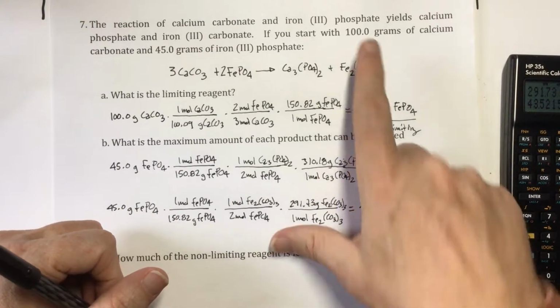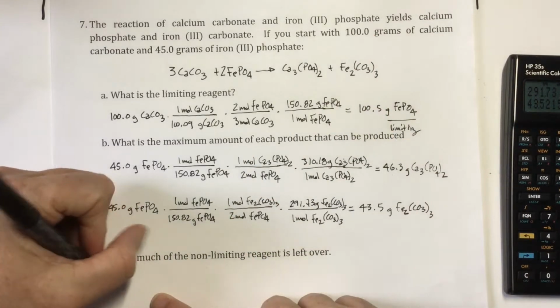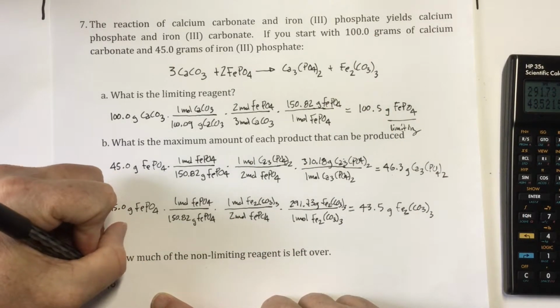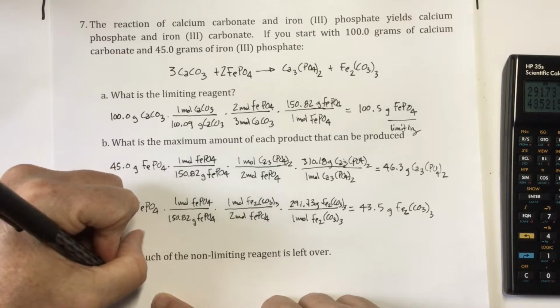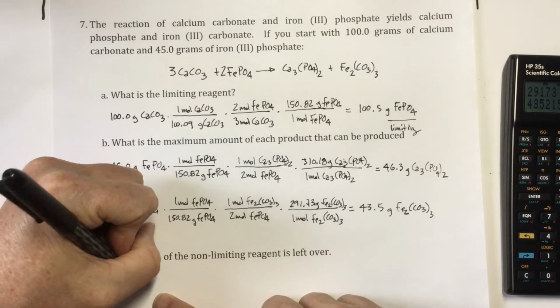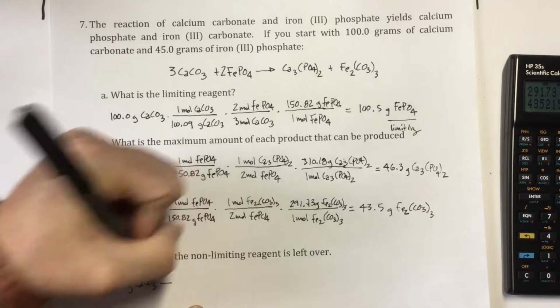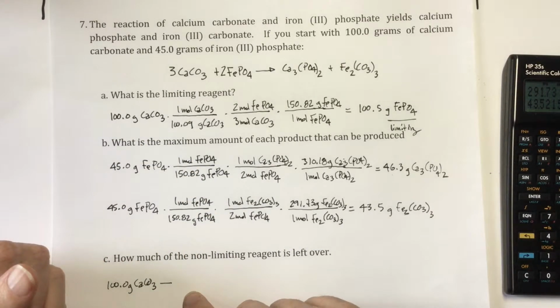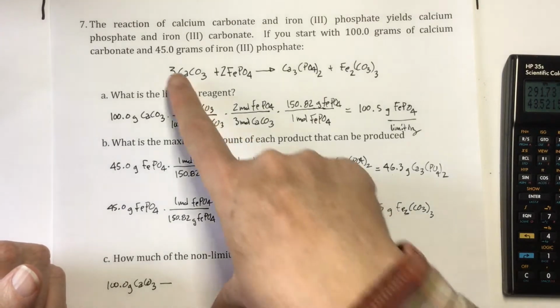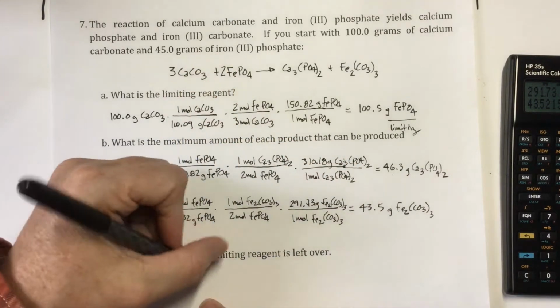So I know that I had 100.0 grams of calcium carbonate to start off with. And I'm going to subtract from that the amount of calcium carbonate that would have been used up with 45 grams of iron 3 phosphate.